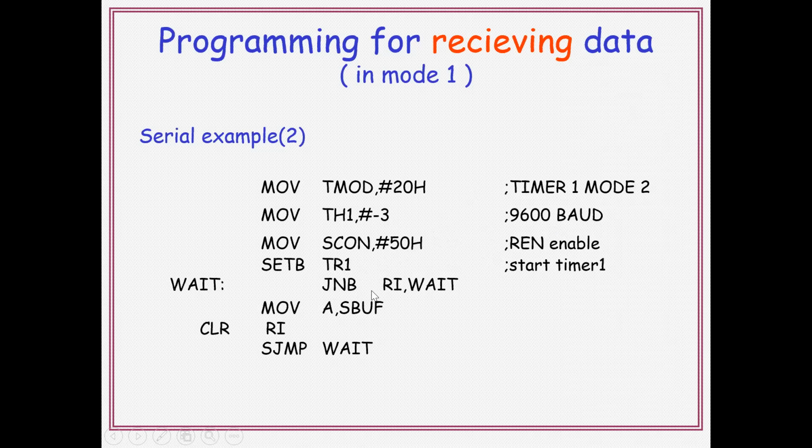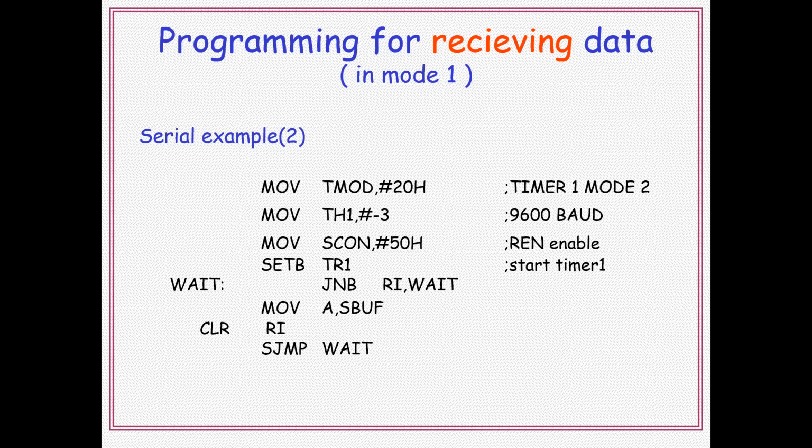And next, JNB RI, wait indicates that we wait for the receiving interrupt. If receiving is completed, then automatically whatever data is available in the serial buffer is copied into the accumulator. Because whatever data is received is serial data, it is received bit by bit, then the start bit and stop bit are checked, and then it is converted from serial to parallel.